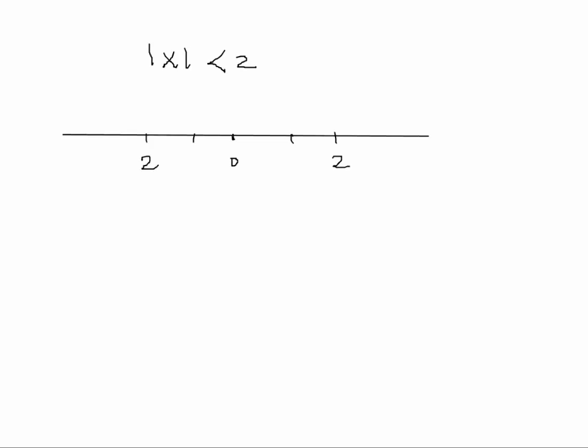If this is 2, this is minus 2. All these numbers in between are less than 2 units away from 0. Does that make sense? Yes. But this means all the numbers that are between minus 2 and 2.